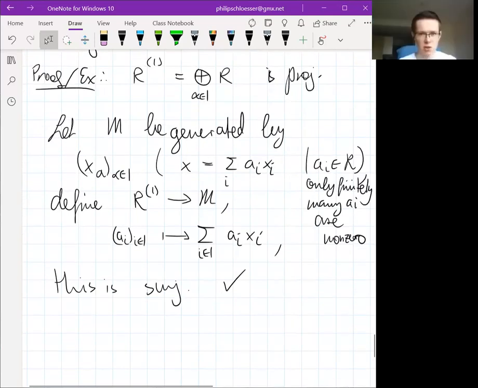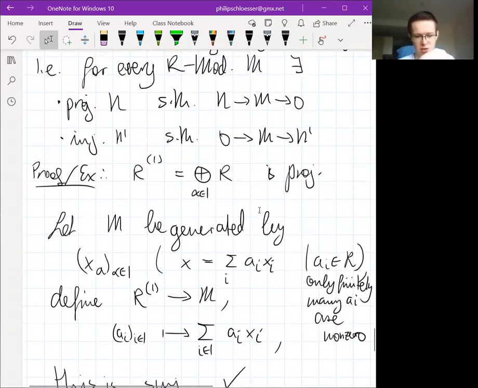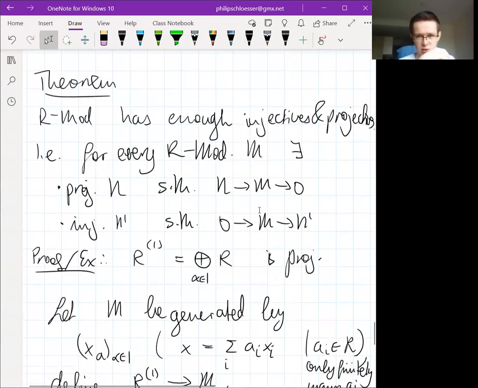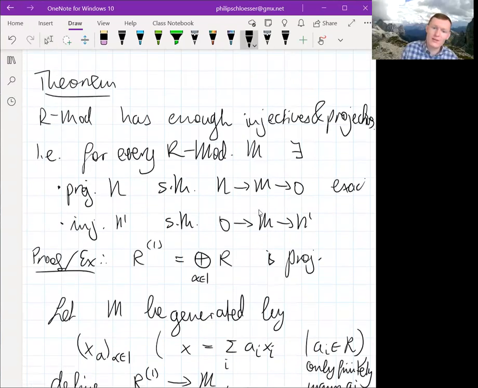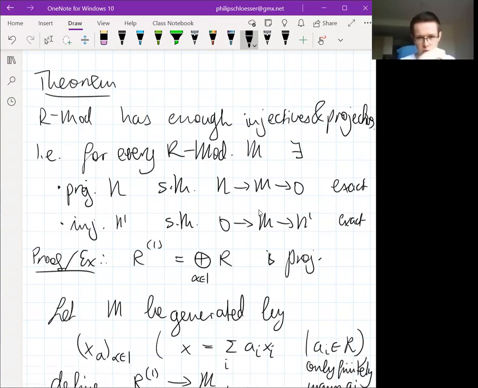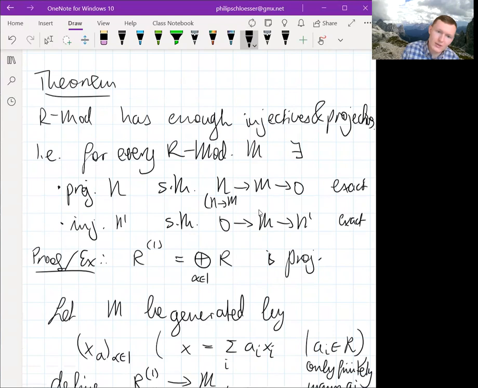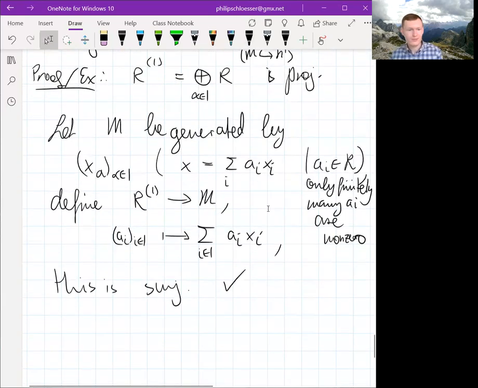The small sequence in the top, two lines above, is exact, isn't it? Yes. Okay. I.e. in this case, N to M is surjective and M to N prime is injective. For injective stuff, it's a lot harder, but it's also true.